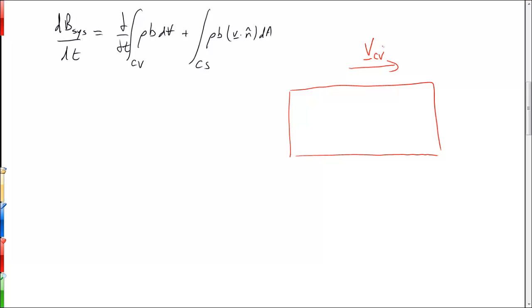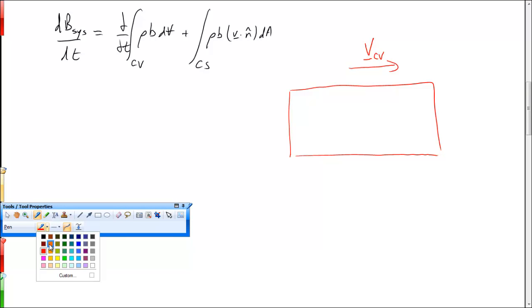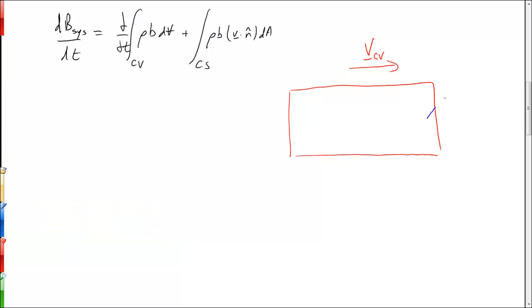Then any fluid particle that is moving with respect to this control volume, in particular that's moving across some boundary, well, we call that velocity vector v, as we have before. But we know that we can write v, the absolute velocity, is equal to the velocity of the control volume plus what we'll call w, which is the relative velocity of the fluid with respect to the control volume.